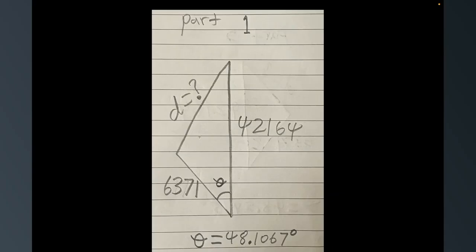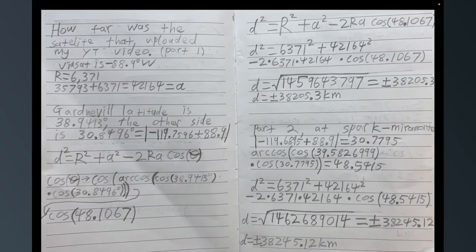So to find the distance here, we do d squared equals r squared plus a squared minus 2ra cosine theta, so d squared equals 6,371 squared plus 42,164 squared minus 2 times 6371 times 42164 times cosine of 48.1067 degrees.